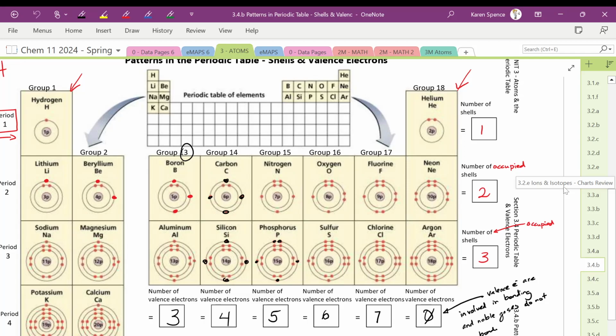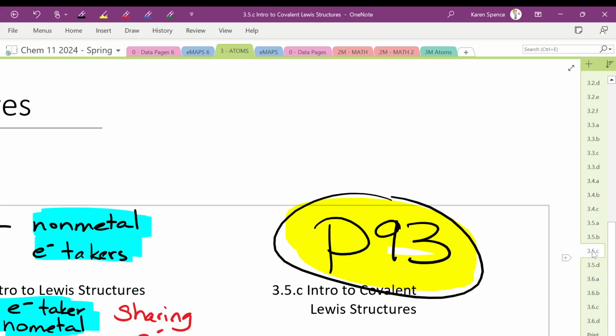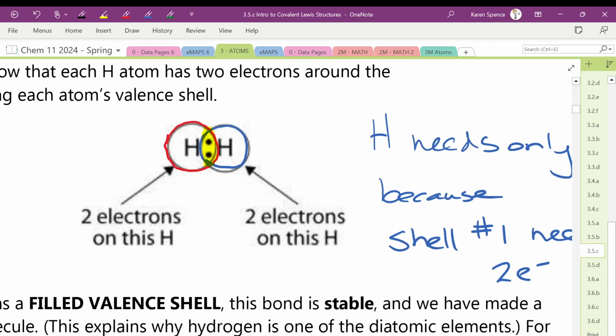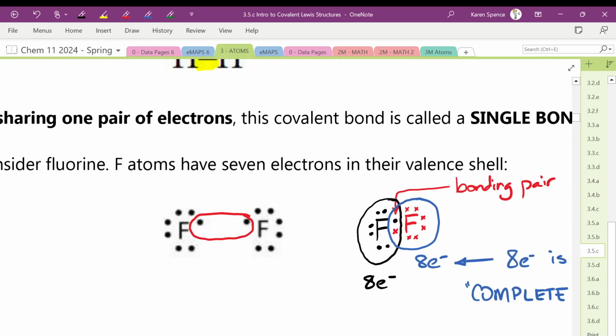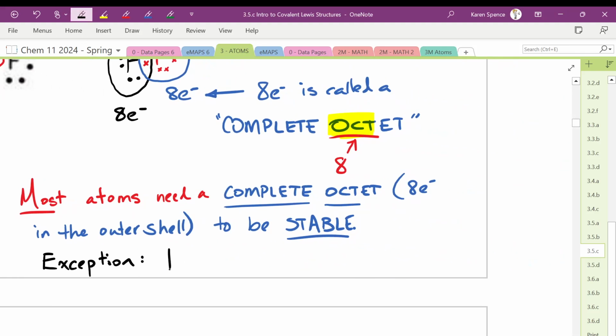Oh, really? Okay, so once you put a second electron in hydrogen, hydrogen is full because shell number 1 is full. Okay? There we go. Okay. So the exception, hydrogen.